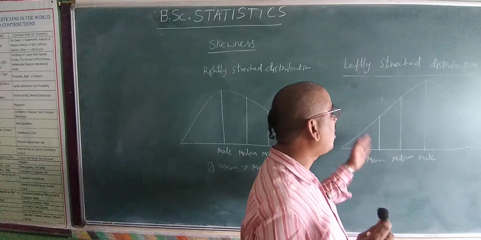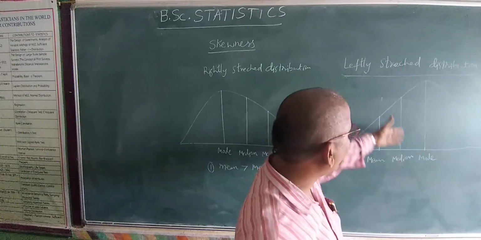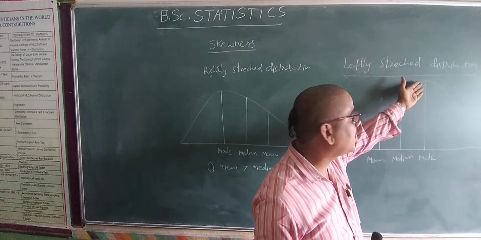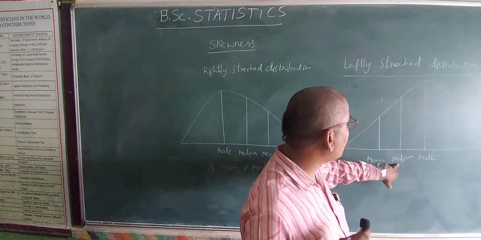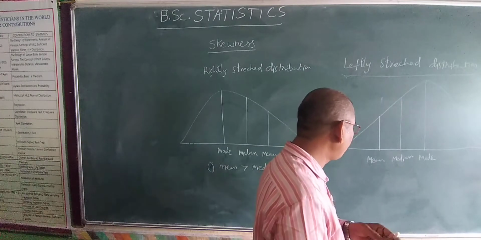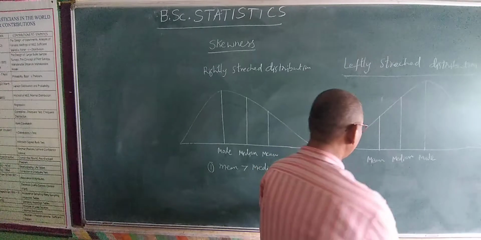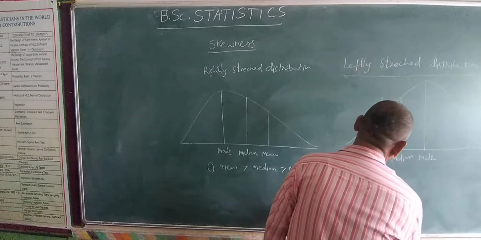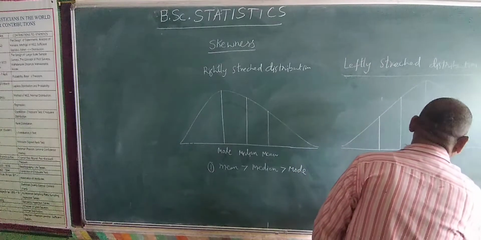If you consider 1, 2, 3, 4, 5, 6, you observe that the mode is obtained at the maximum frequency. So mean is less than median, and median is less than mode here. So I write: mean is less than median, median is less than mode.